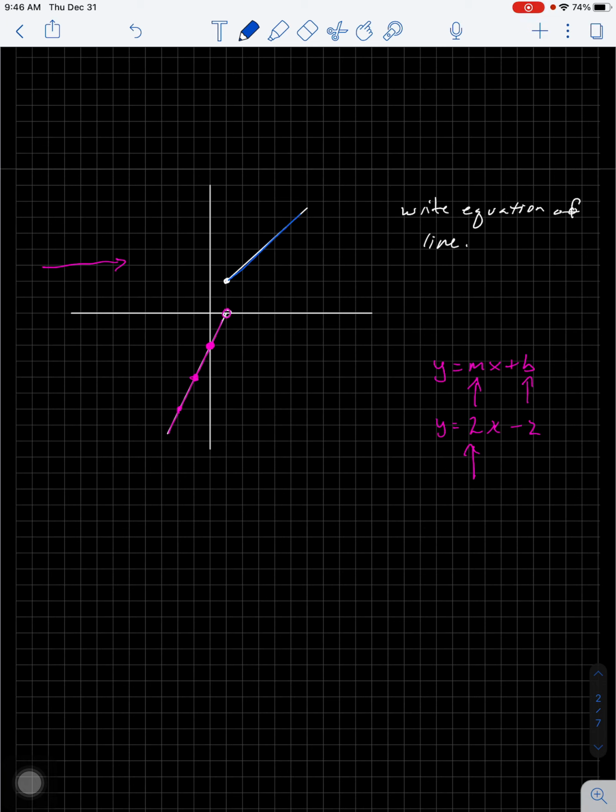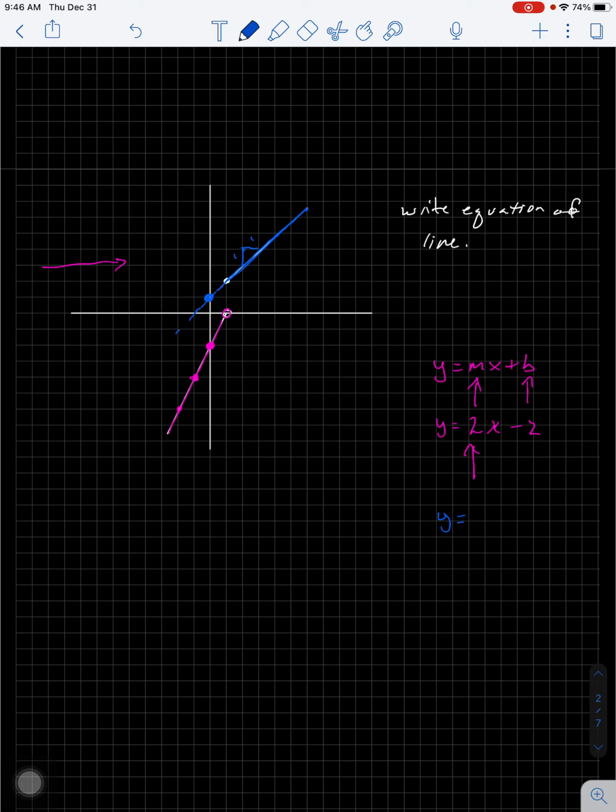So here's this one. Now, in order to figure out where this graph crosses the y-axis, I need to extend it. So I'm going to keep the same slope. If you look at the slope, I'm going up 1 over 1. So I'm going to keep that same slope and extend this out like that so that I can see it's crossing here at +1.